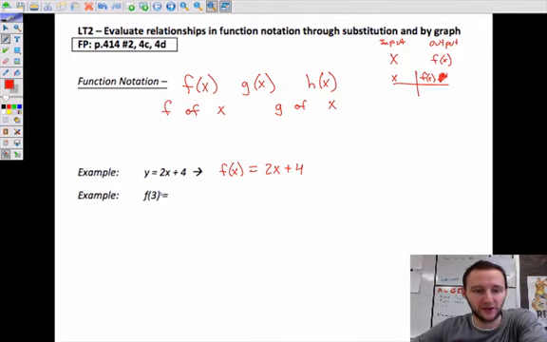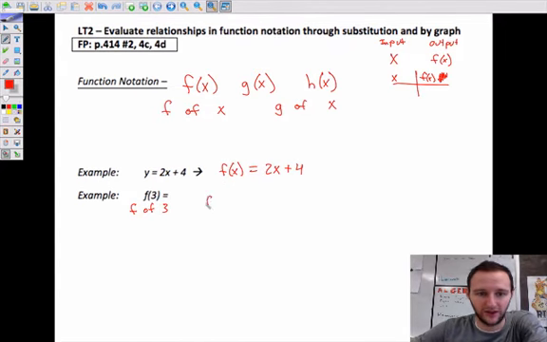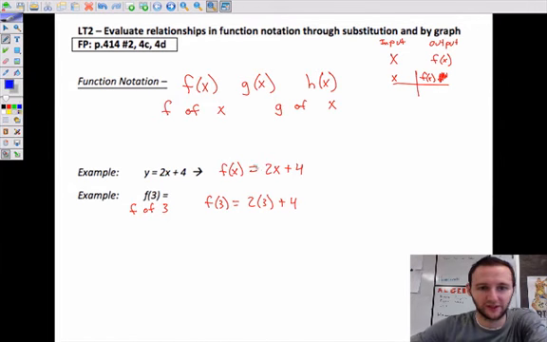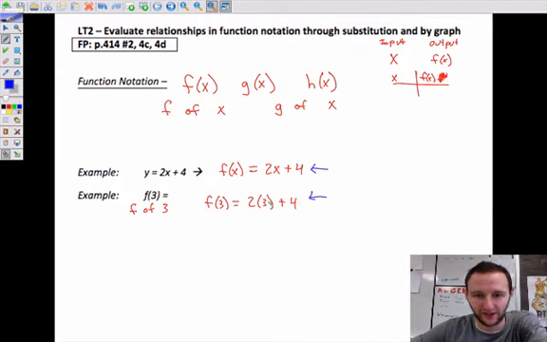The way you read f of 3 is f of x with x replaced by 3. So f of 3 equals 2 times 3 plus 4. The only difference between the lines is that you've replaced x with 3.